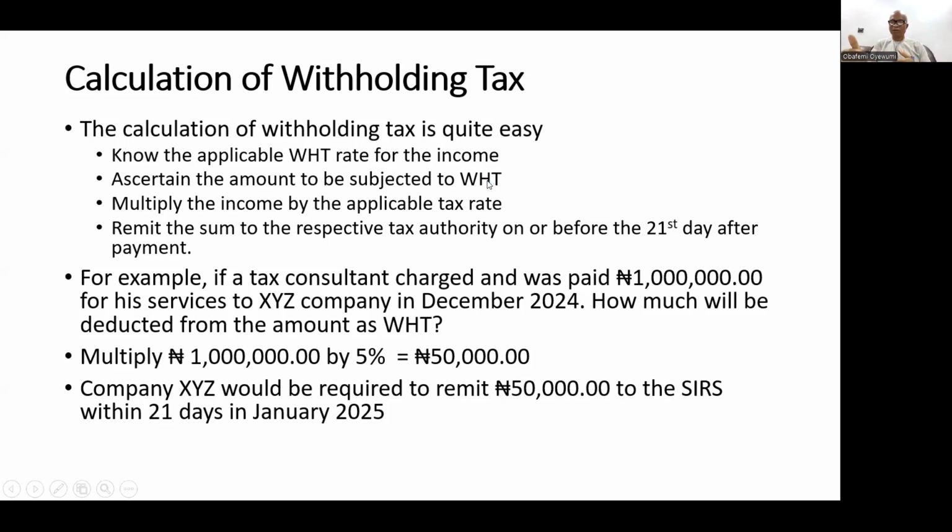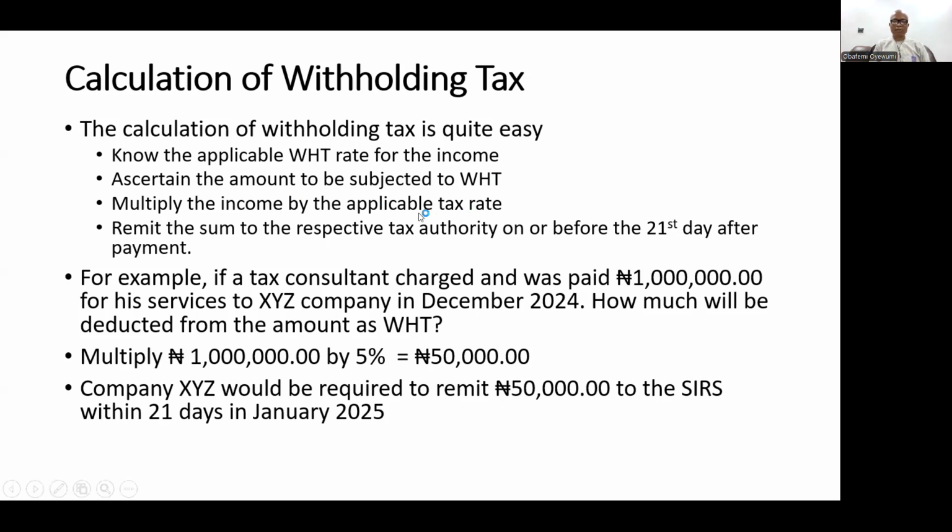When you give an invoice, the value of the invoice should be stated, and of course there will be a VAT element of 7.5%. But it is the value of the transaction that you apply withholding tax to, not the total invoice figure at the end of the day.